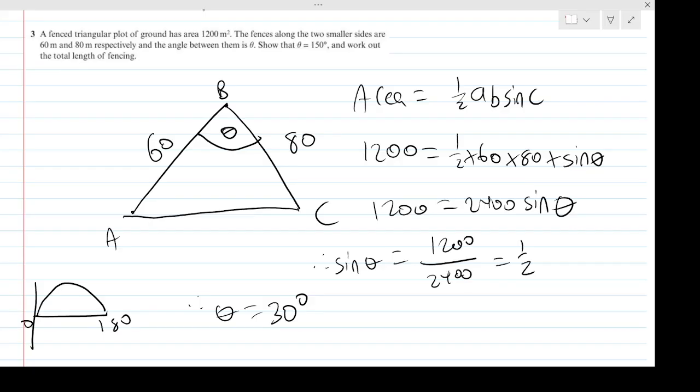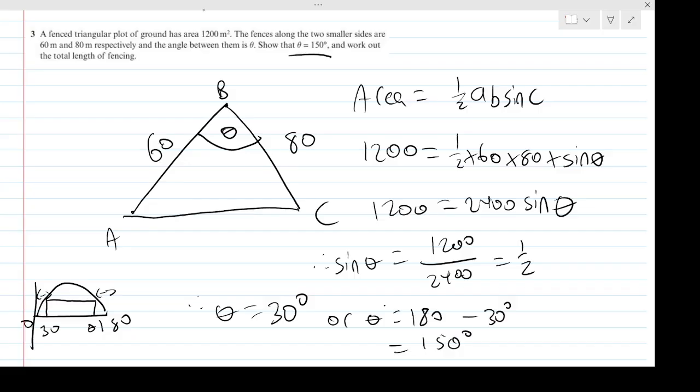So the first solution is at 30 here. The other solution for theta would be about there. Again, the gaps at either end are the same. So that leads me to believe the other solution is going to be 180 take away this. So theta is 180 take away 30, which is indeed 150. So that's my other solution.